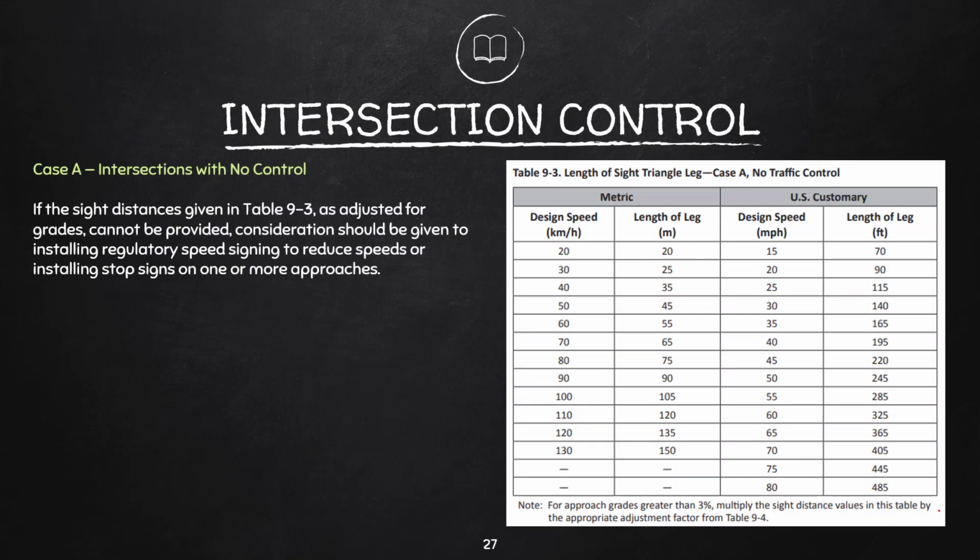Continuing, if the side distances given in table 9-3 as adjusted for grades cannot be provided, consideration should be given to installing regulatory speed signing to reduce speeds or installing stop signs on one or more approaches.